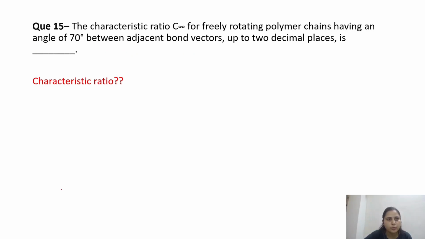Next, let's move on to question number 15. Question number 15 asks about the characteristic ratio for freely rotating polymeric chains, and the bond angle is already given, which is 70 degrees between adjacent bond vectors.